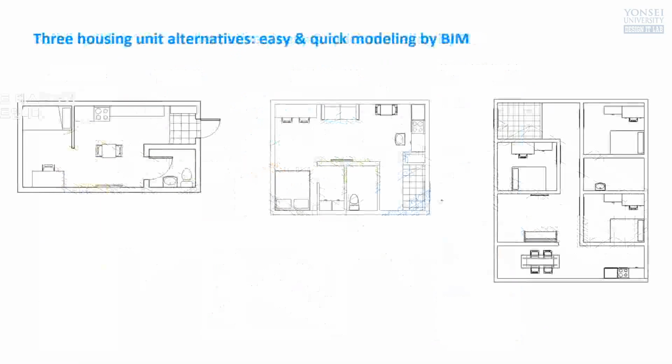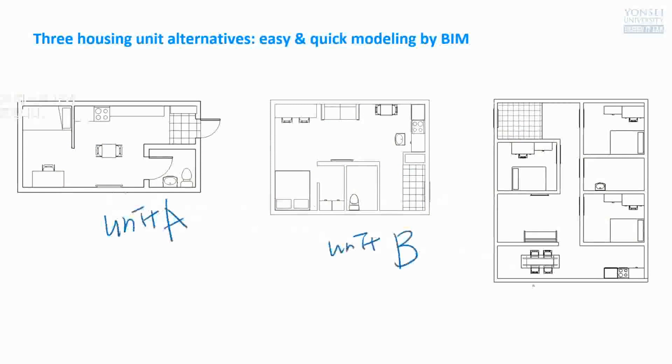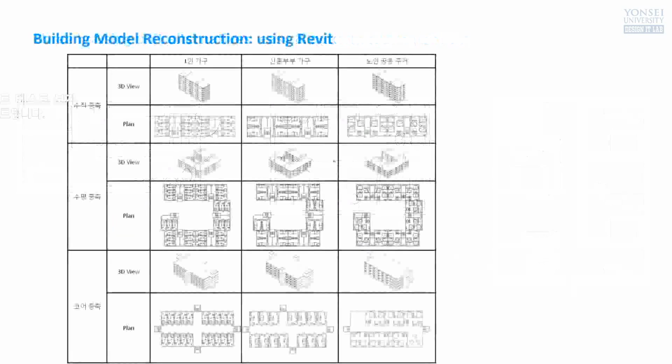So design alternatives, take a look. Unit A, Unit B, Unit C. So how many Unit A's, how many Unit B's, how many Unit C's in the same building? Actually not even the same. We developed 3 different alternatives. That is why we can simply harmonize them so that we can make a variety of design alternatives in this way.